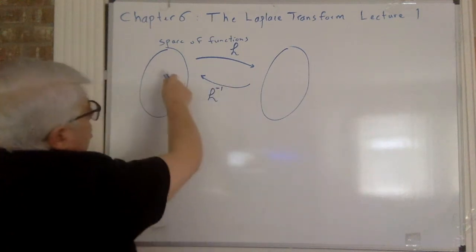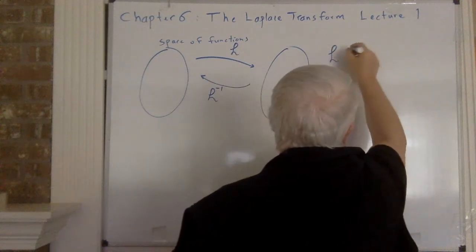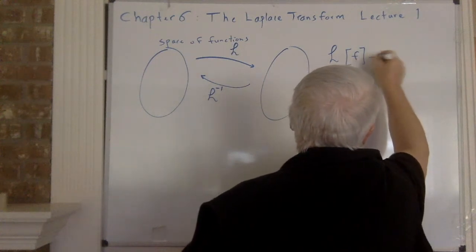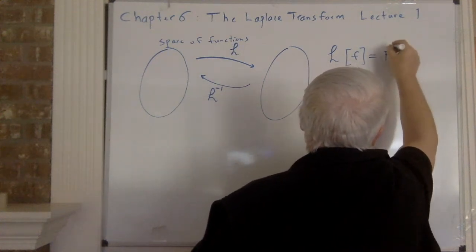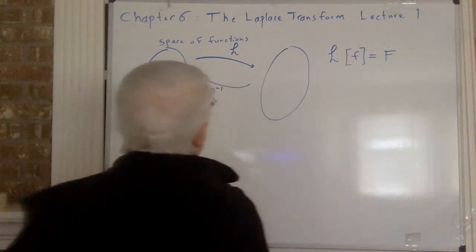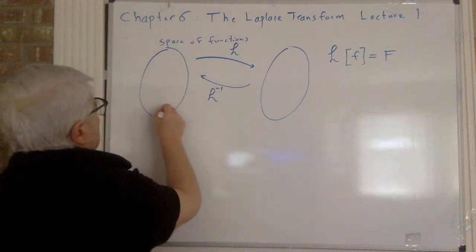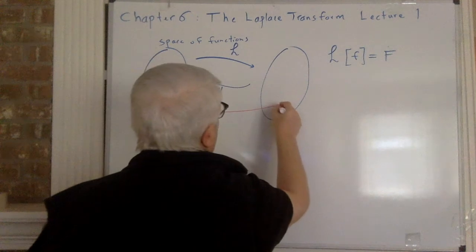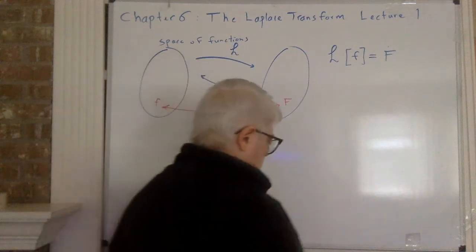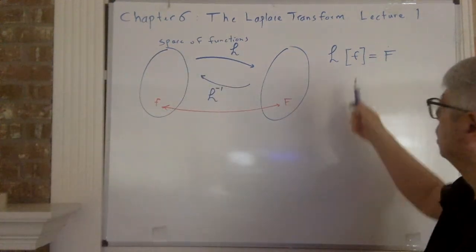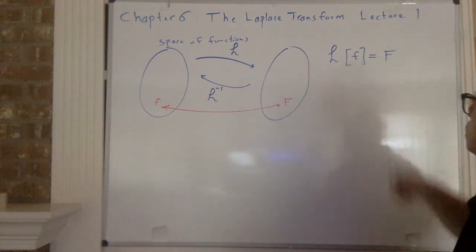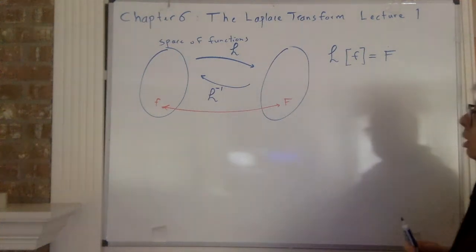Then it takes a function here, say f, into capital F, and back. So this transformation takes some function f, small f, into capital F and back.